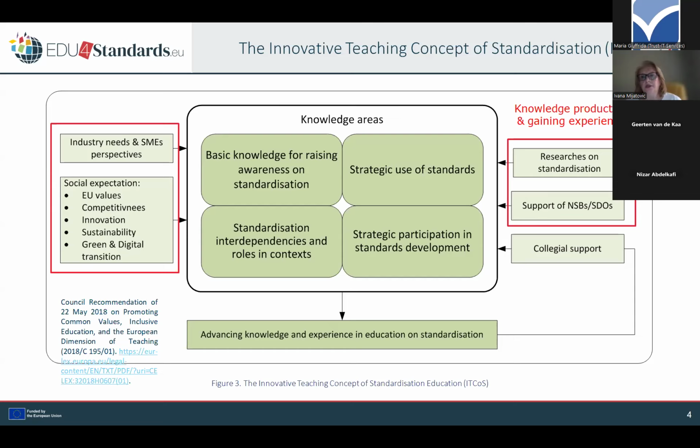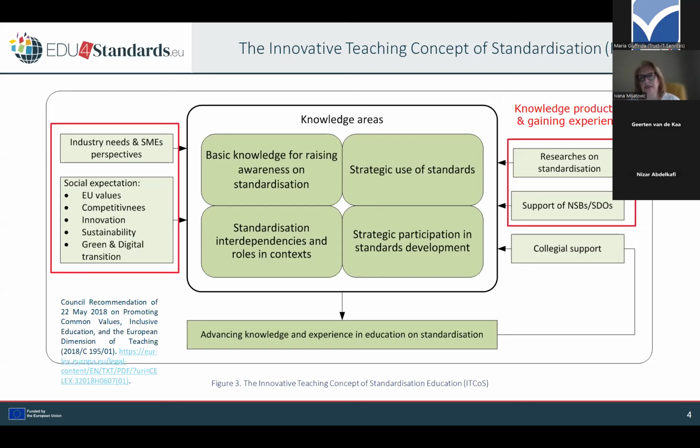However, we need to answer the question: what is the body of knowledge in standardization? This attempt is not related to designing or capturing the whole body of knowledge on standardization.